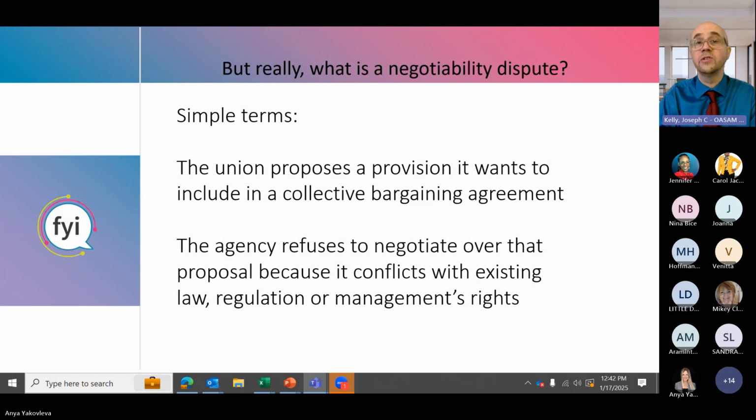The union proposes a provision that it would like to include in that agreement. And then the agency refuses and asserts that it is non-negotiable because the proposal conflicts with existing law, existing regulation, or some enumerated management rights under the statute, which I will address in a future presentation.